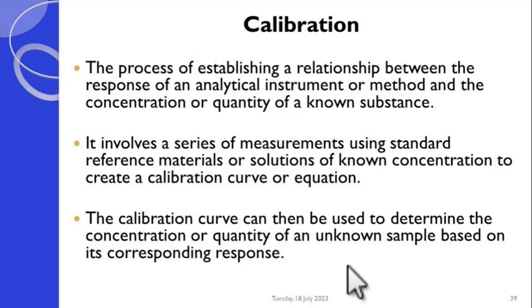Once these series of measurements are done, a calibration curve is then plotted, so to speak. So in case we want to find out about any unknown sample, we do the measurement and then determine the concentration using the calibration curve.